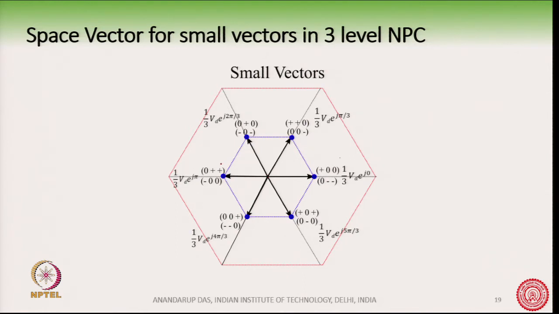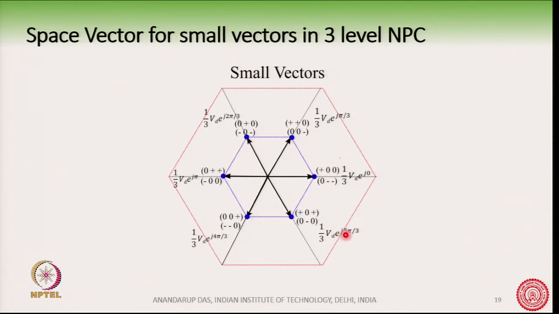So, the overall space vector diagram has 2 hexagons. The inner hexagon can be obtained by these switching state combinations which have been shown in the diagram. Okay. So, if you take these combinations here, then you will always get to these 6 vectors on the inner hexagon.